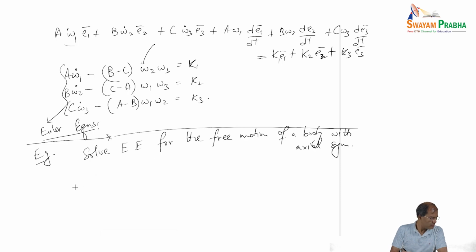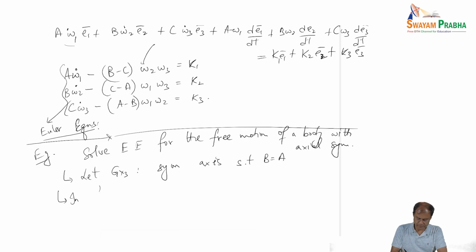Right? So let Gx3 be the symmetry axis, such that b is equal to a, and so in free motion we have that k1 is equal to k2 is equal to k3, which is 0.